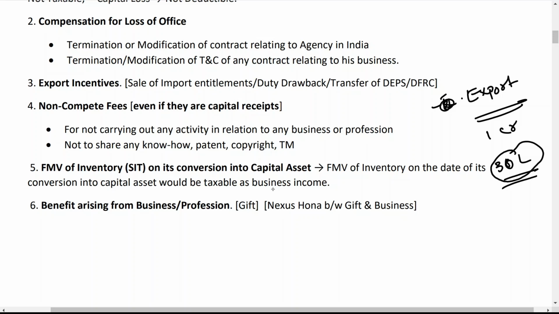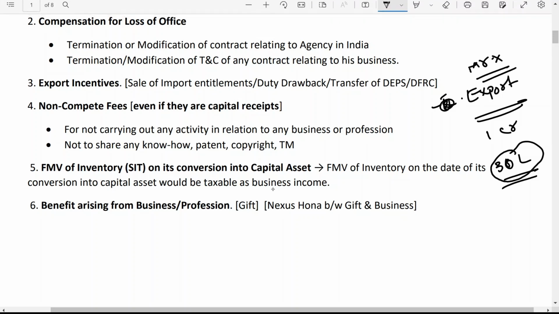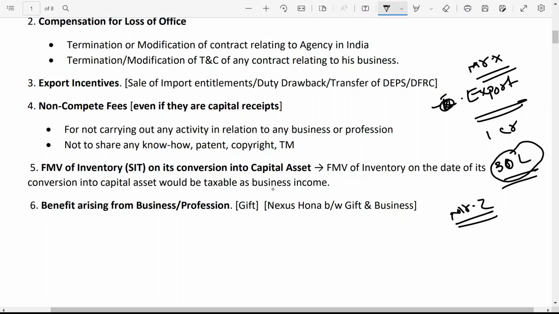This is not considered as your income. But Mr. X is not in need of this import license, because whatever he purchases is from India only. Let us say he sold this import license to Mr. Z, and this import license of 30 lakh is sold to Mr. Z at rupees 1 lakh.